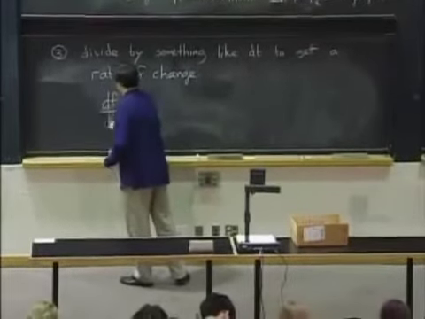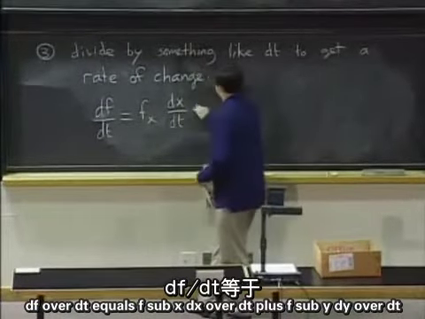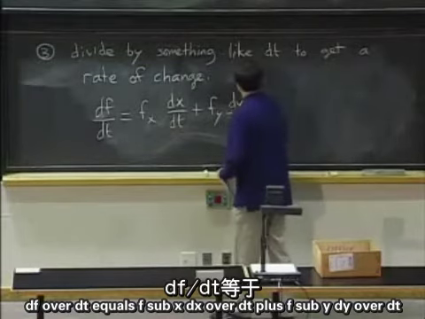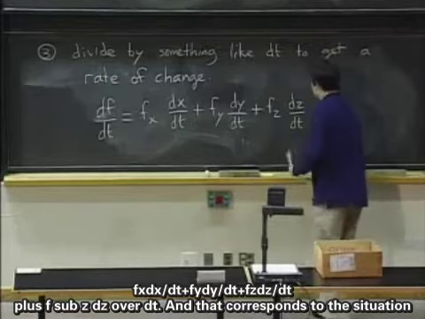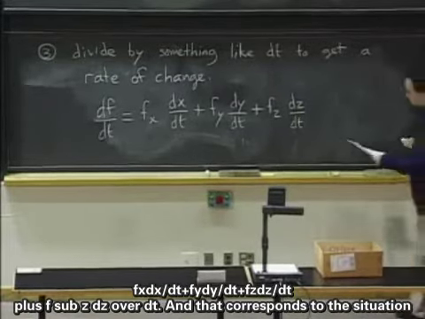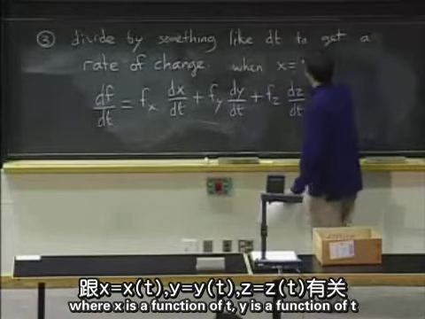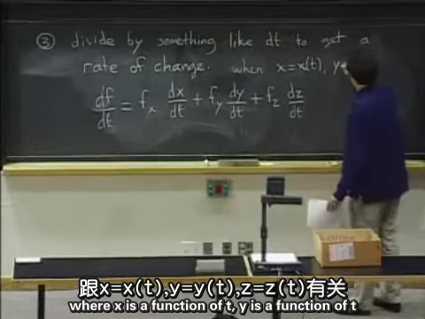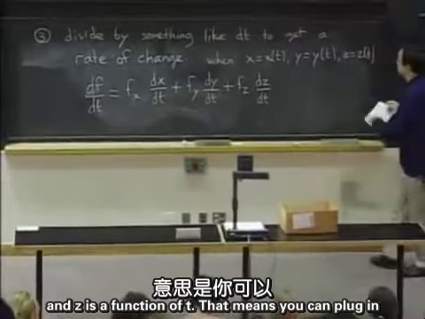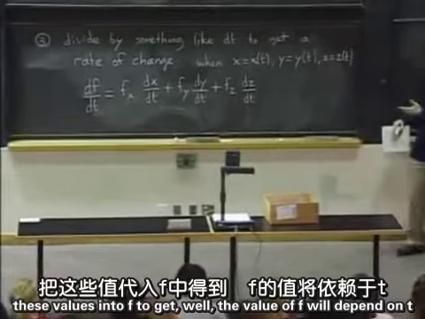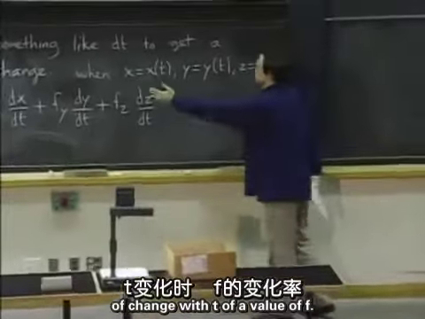So df dt equals f sub x dx dt plus f sub y dy dt plus f sub z dz dt, and that corresponds to the situation where x is a function of t, y is a function of t, and z is a function of t. Then that means you can plug in these values into f, the value of f will depend on t, and then you can find the rate of change with t of the value of f.